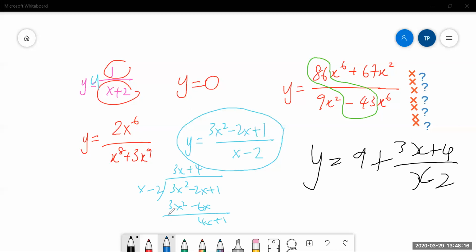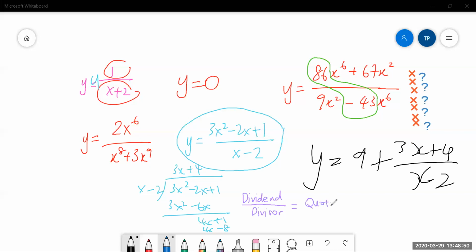Is that it? So what's the oblique asymptote? It's just y equals 3x plus 4.